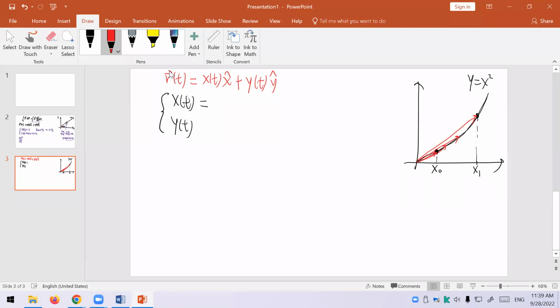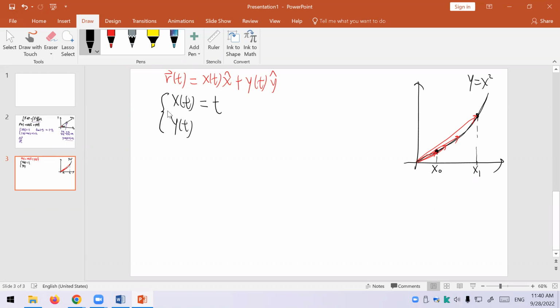Again, the tip of my r vector has to be going along this parabola. So again, I can just set this x just as t.